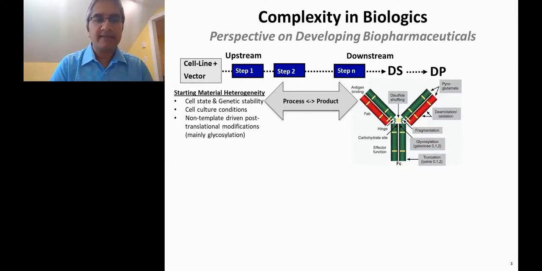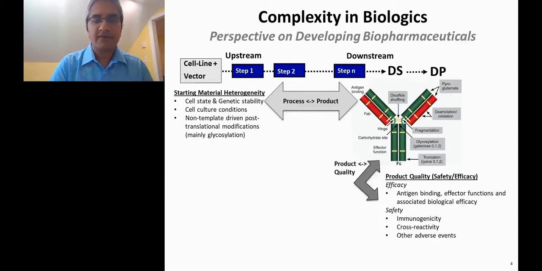And the other axis that we focus on is going from these product attributes to quality, both from an efficacy standpoint with respect to the antigen binding, the effector functions, and specific aspects of safety from the standpoint of immunogenicity, aggregation, and any other issues with the product that could potentially lead to adverse events.